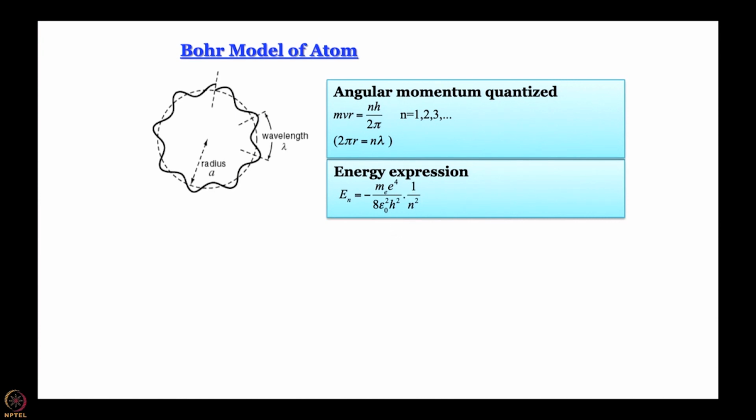This is the energy expression, and this is what takes us directly to the Rydberg constant, because the lines that we see in the spectra, whose energies are given by the Rydberg equation, essentially come as a result of the electron jumping from one stationary state to the other according to Bohr. So, it is going to be this constant multiplied by 1 by n1 square minus 1 by n2 square, the Rydberg formula.